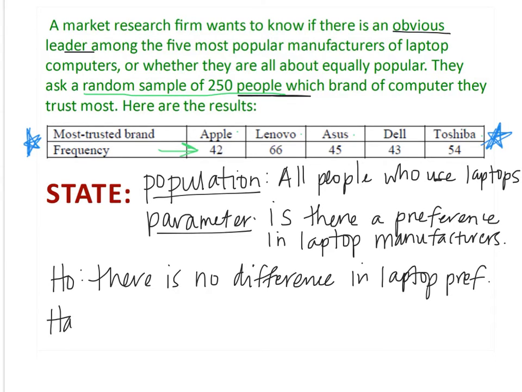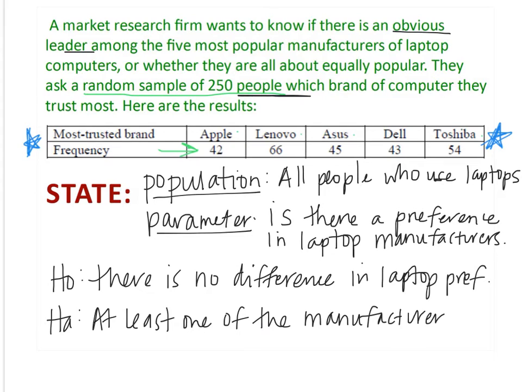The alternative would be that at least one of the laptop manufacturers is preferred or is different than the others. So at least one of these brands is preferred over the others is my alternative.